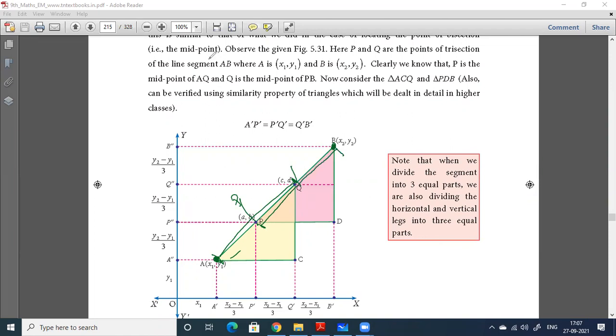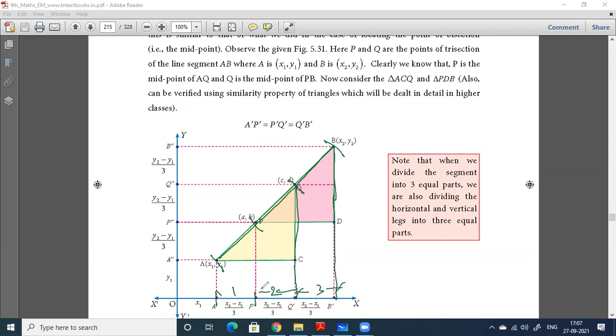One more thing you need to see is that when we divide the line segment AB equally into 3 equal segments, and you drop down to the x-axis, here also it's divided into equal segments. 1, 2, 3.